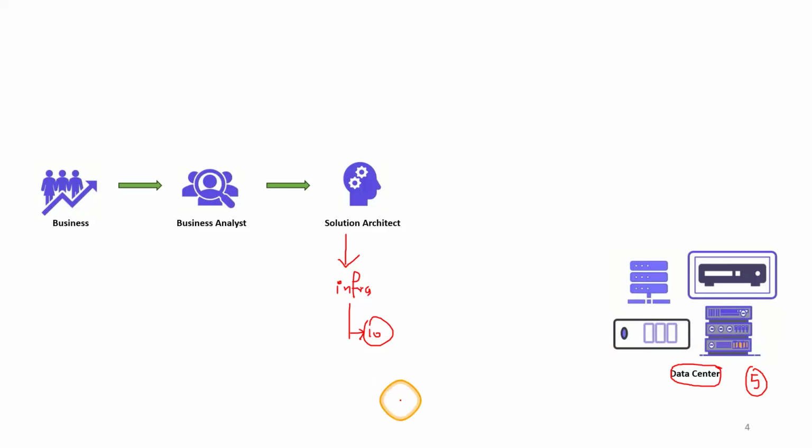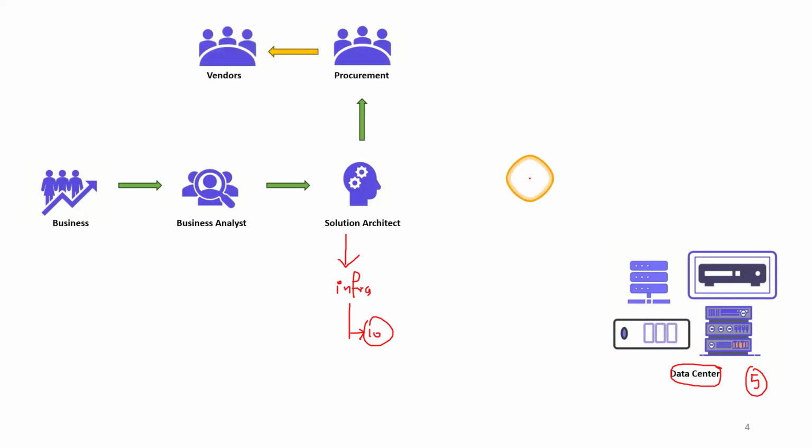If the infrastructure that is mentioned in the architecture diagram is not fully available, that means if additional hardware is needed, they would have to order it via the procurement team. And this team will put a request to the vendors team, and it will take days or weeks or even months for the hardware to be purchased and delivered to the data center.